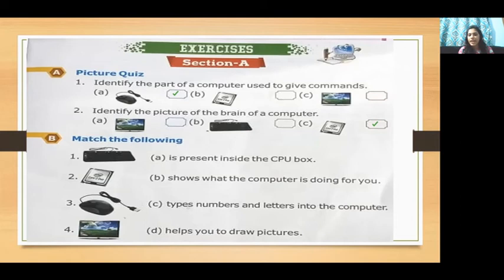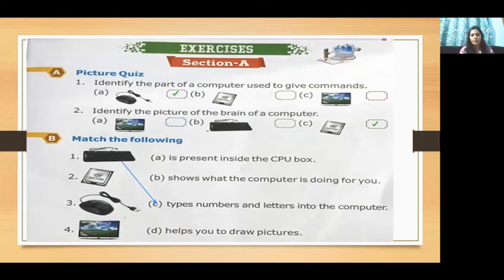C types numbers and letters into the computer. D helps you to draw pictures. Which one is the correct answer? Yes, keyboard is used to type numbers and letters into the computer.